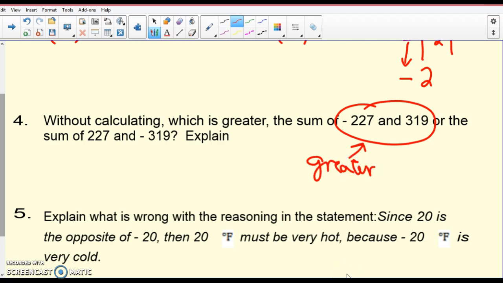What kind of number is it going to be? Greater. This is positive. What's the answer to this going to be? Negative, right? This one's going to be negative. This one's going to be positive, so we know that this one is bigger. It doesn't matter what the answer is. It matters that it's bigger.